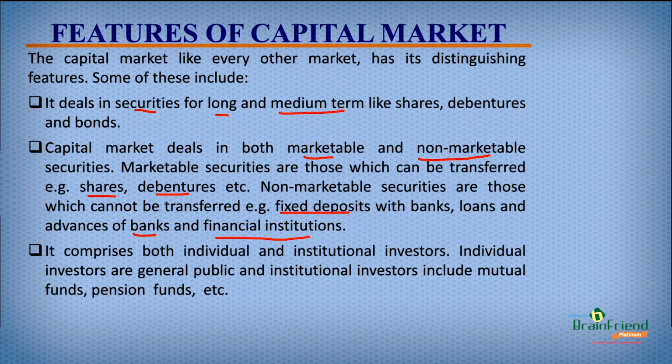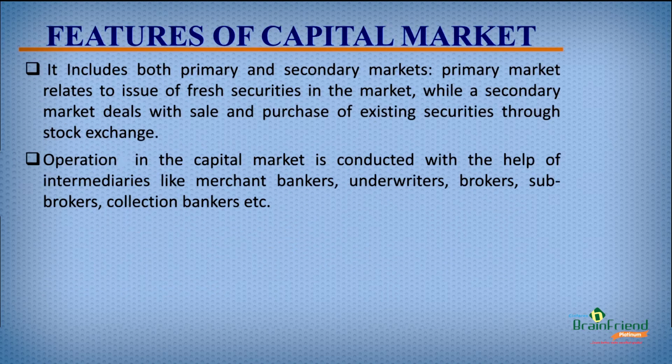Thirdly, it comprises both individual and institutional investors. Individual investors are the general public, and institutional investors are mutual funds, pensions, etc. The fourth feature of the capital market is that it includes both primary and secondary markets, where primary markets relate to the issue of fresh securities in the market, while the secondary market deals with the sales and purchase of existing securities in the stock exchange market.